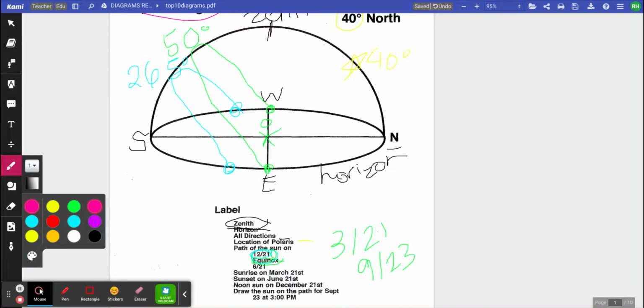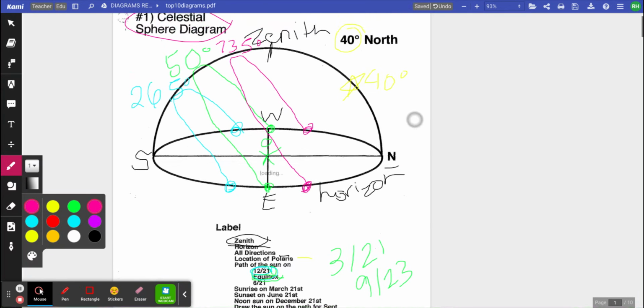And then in summer, we'll have it higher in the sky, and it'll start more north. It's going to come up even higher and set, and that's at 73.5 degrees. So there we have winter in blue, autumn and spring in green, and then summer in pink.